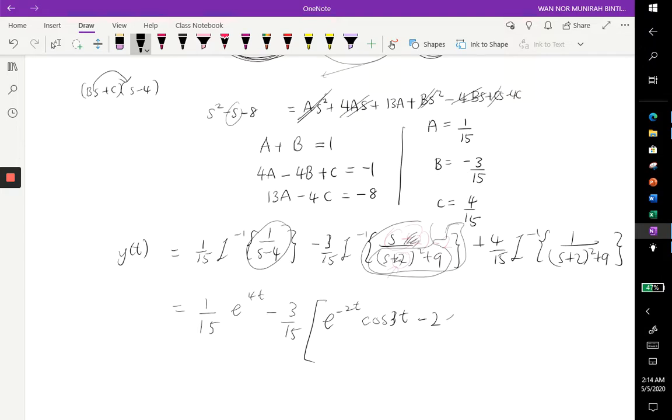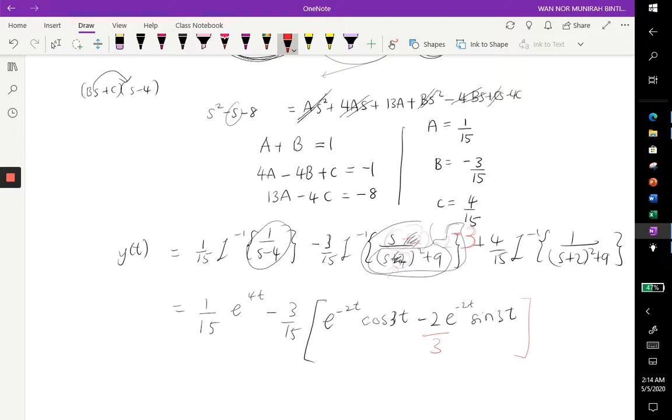Take out e to the negative 2t, so you have 1 over S square plus 9. We expect the solution to be sine 3t, but to get sine 3t you must have 3 in the numerator. You don't have 3, so you create the 3 and divide by 3. Then only you get sine.